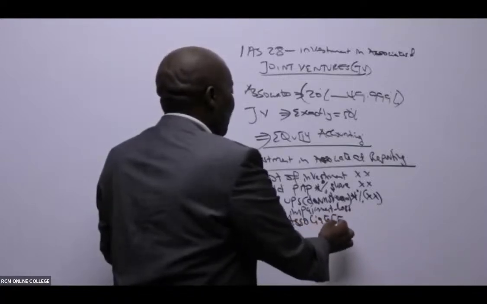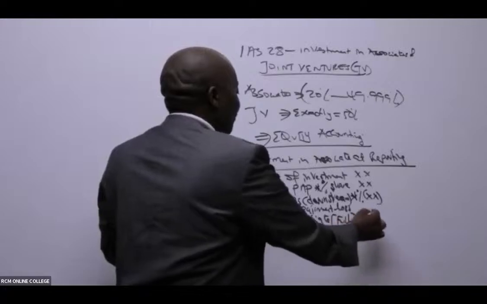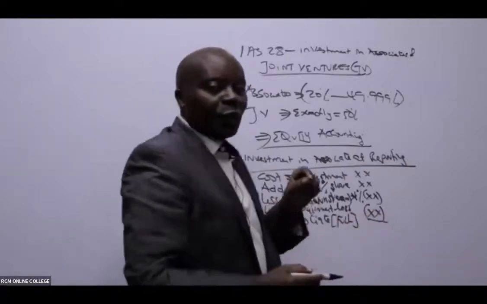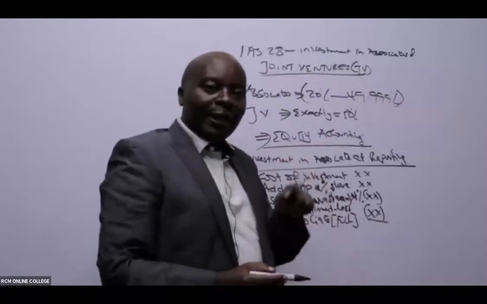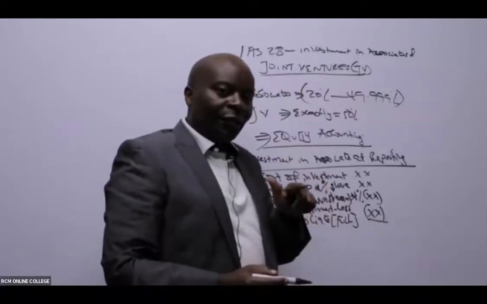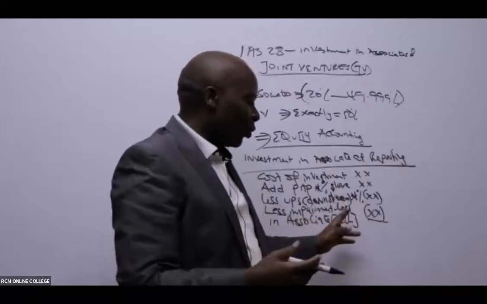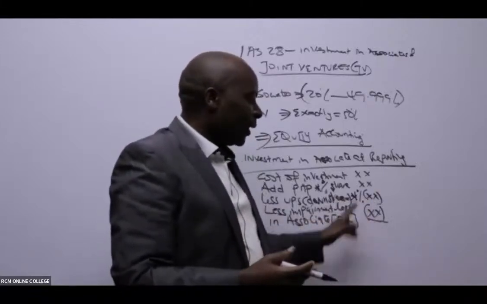For this one, we normally take the full figure given. You can't apportion, because you will be told that your associate has been impaired by 10,000, so you can't say the 10,000 loss is partly yours. No percentage shall be used.